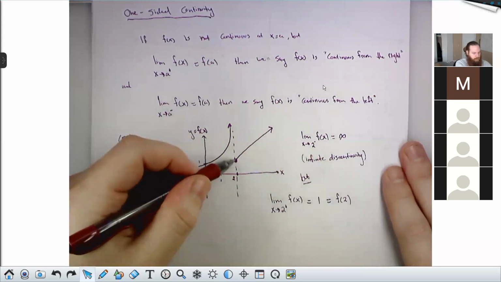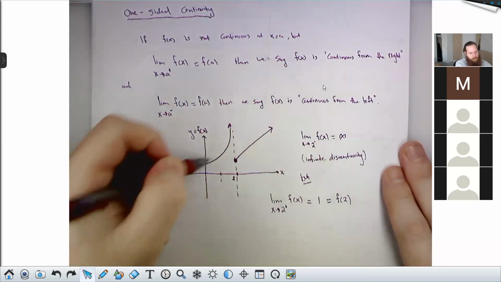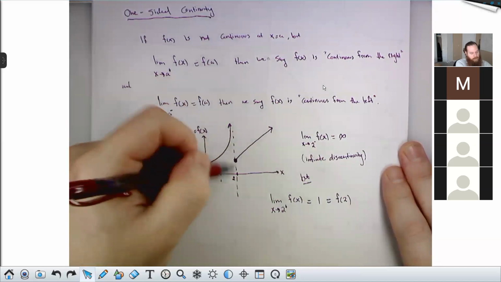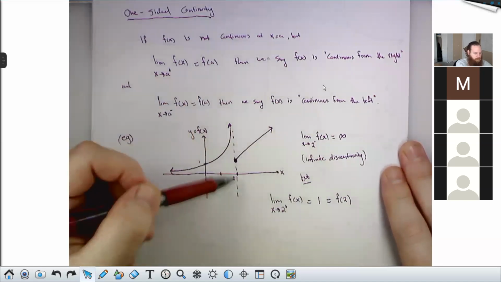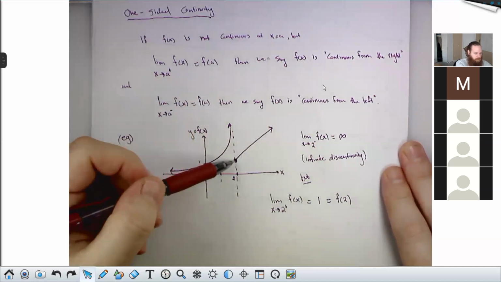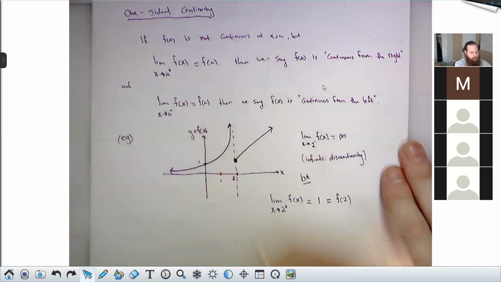So I've defined the function at 2, even though it blows up to infinity from the one side, I've got a filled in hole here. So f of 2 does exist. F of 2 is the height of this hole. It's equal to 1.